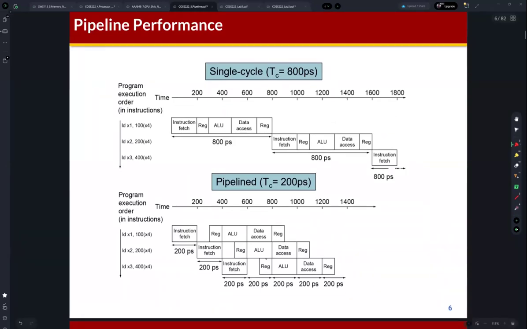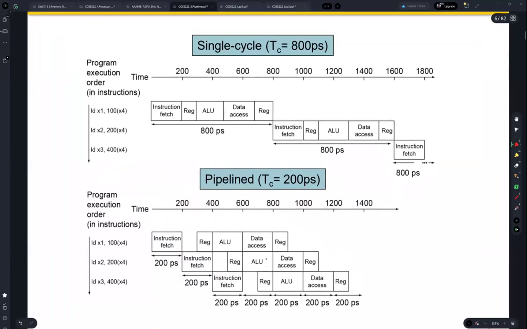So this slide shows how the instructions are executed in the single cycle processor and then the pipeline processor. As I mentioned, there are many instructions, which means there are many tasks.